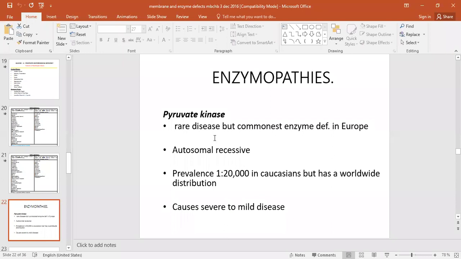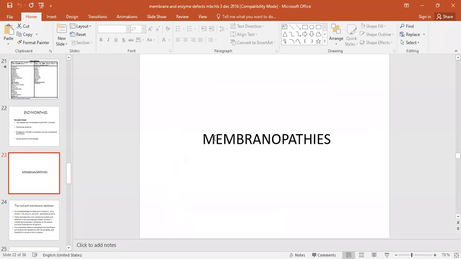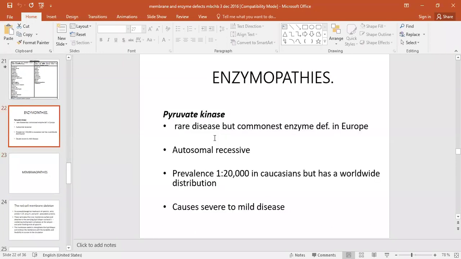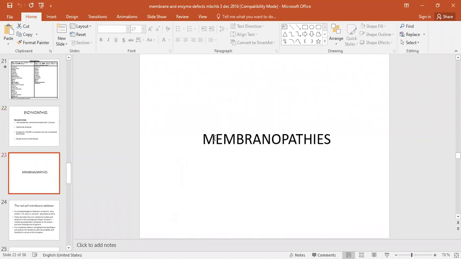And the causes for hemolysis tend to be severe to mild. So again, the disease may not be as common in our setup. And so I would encourage students to read on other enzymes just to understand them, because we only give you a guide on the commoner types.